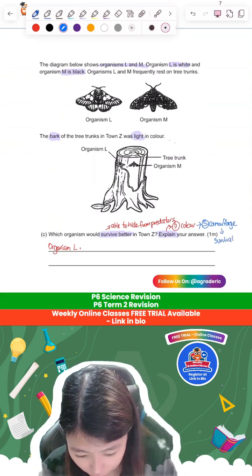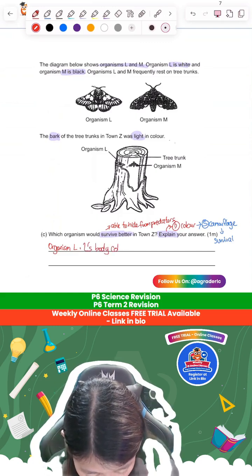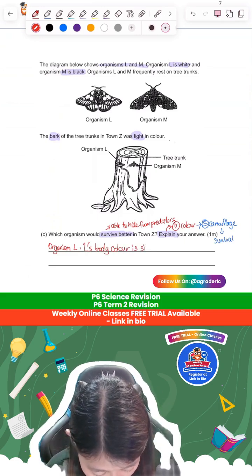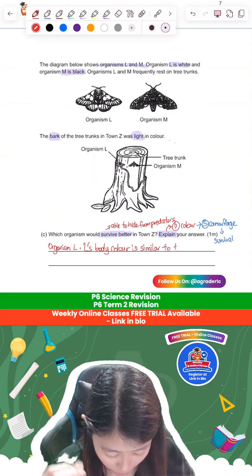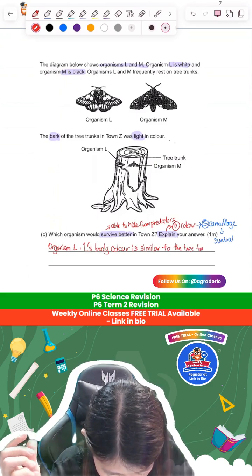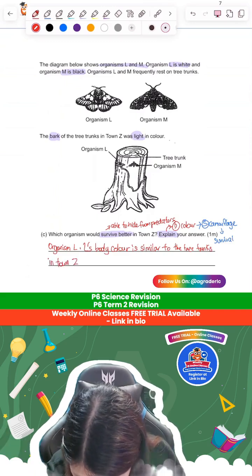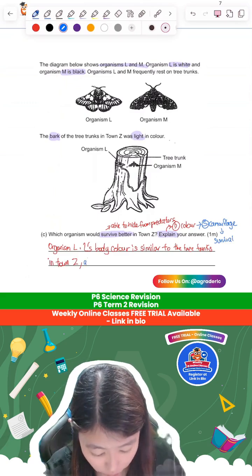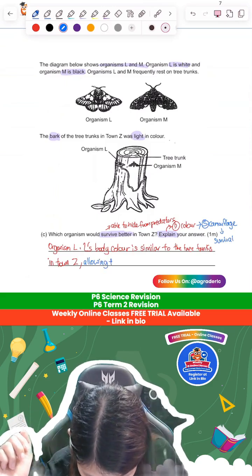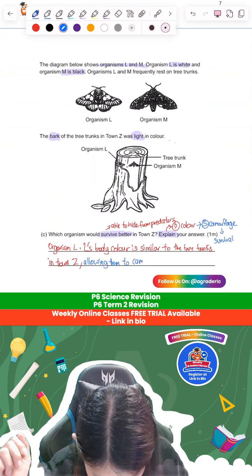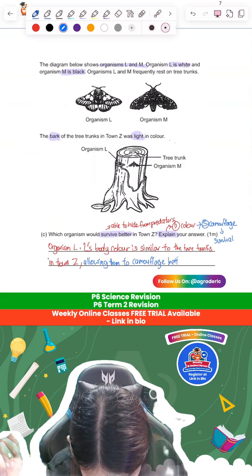Okay, so let's write this one down. We need to say that L's body color is similar to the tree trunk in town Z. So first describe, then the science concept, allowing them to camouflage better than M. You must always compare.